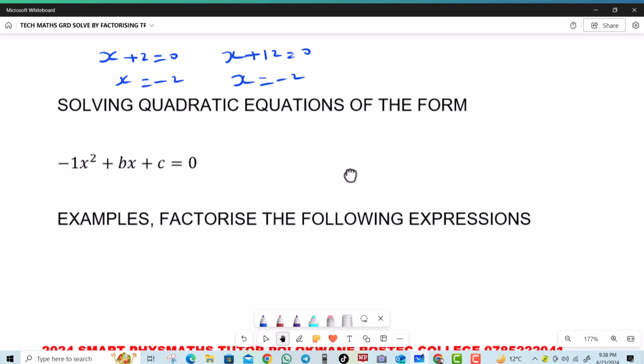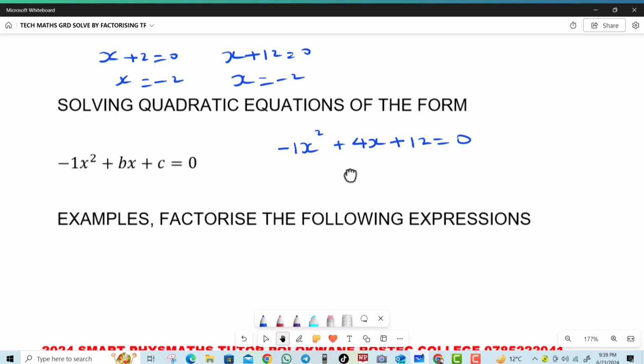An example could be a number like this: negative 1x squared, and then plus 4x, and then plus another number, let's say just plus 12, just giving an example, equals 0. So this could be the form of the questions which they want us to do.